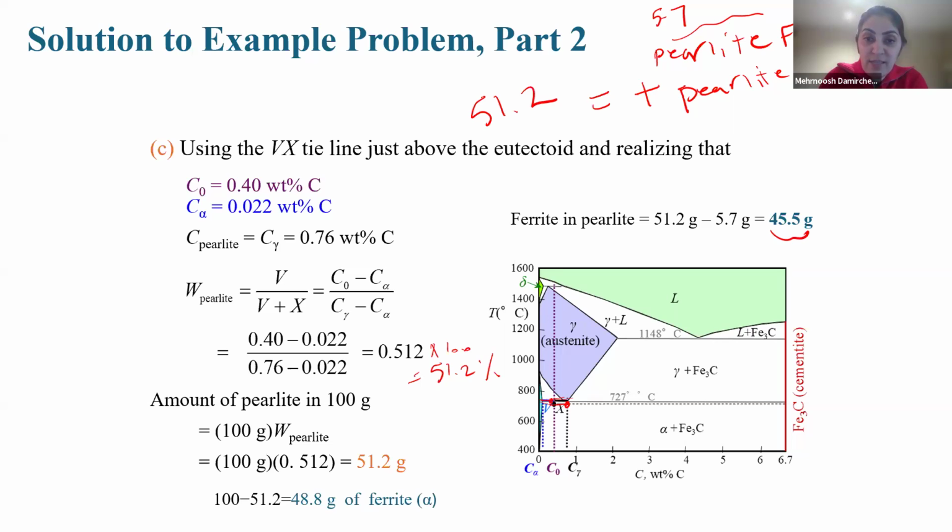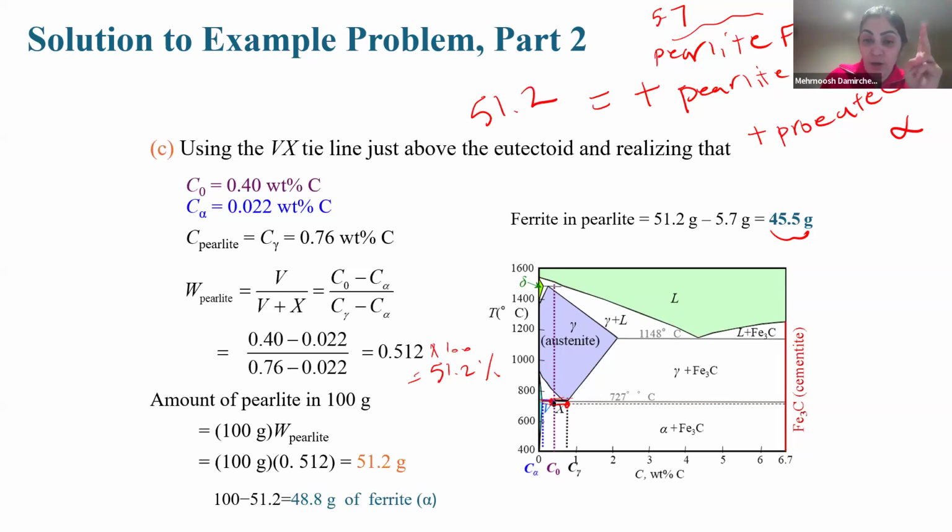So the other phase that is left is proeutectoid alpha or ferrite. So 100 minus 51.2 should be 48 grams proeutectoid alpha.